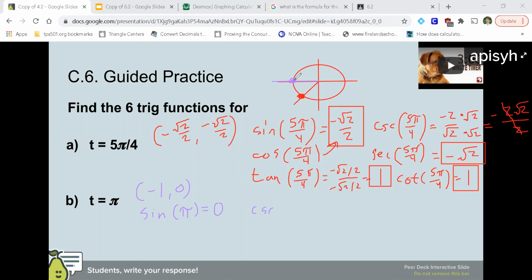The cosecant of pi would be 1 over 0, but you can't divide by 0, so this is undefined. Pi is not in the domain of cosecant. If you try to plug in pi, it'll tell you that the answer is error, division by 0. So it's undefined at pi. It has a vertical asymptote at pi.